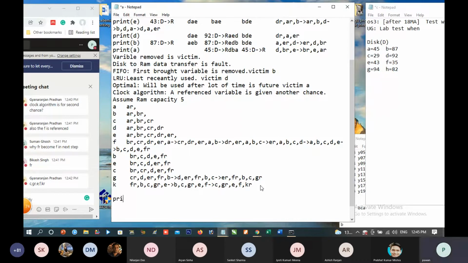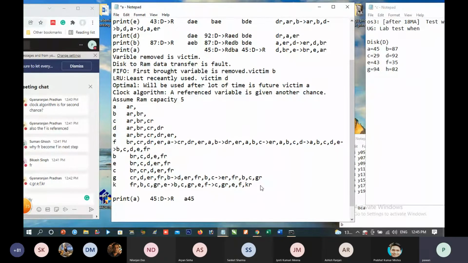Suppose we write print A. So, the value of A will be put from disk to RAM, and 45 will be brought from disk to RAM, and our RAM will contain A45.